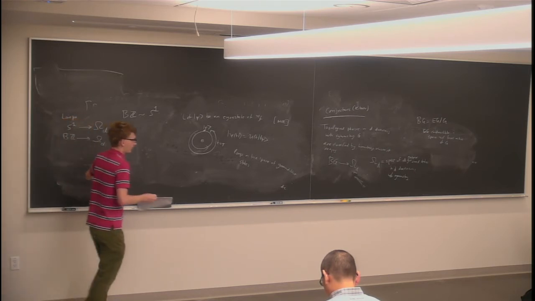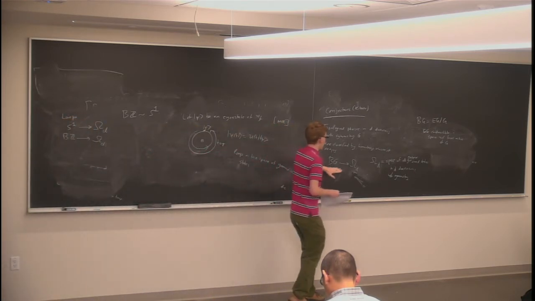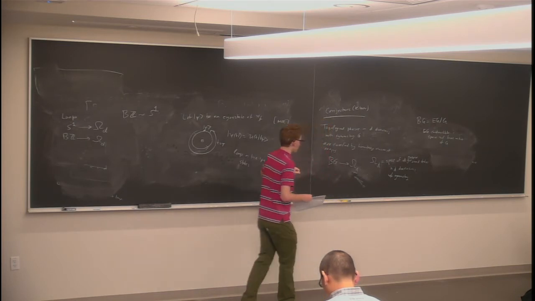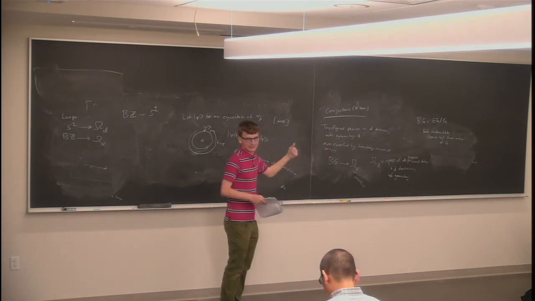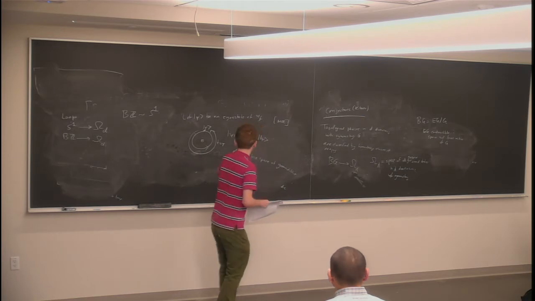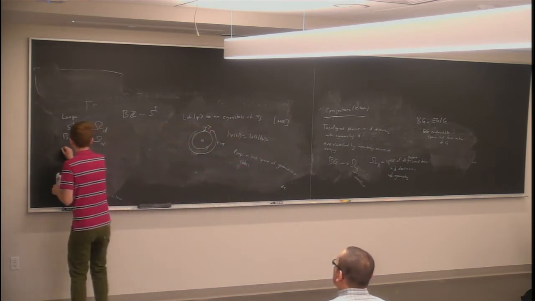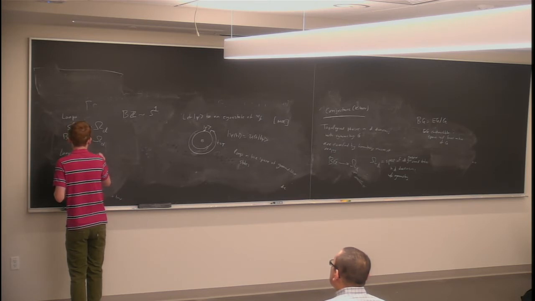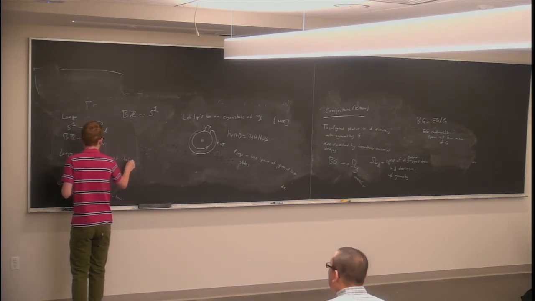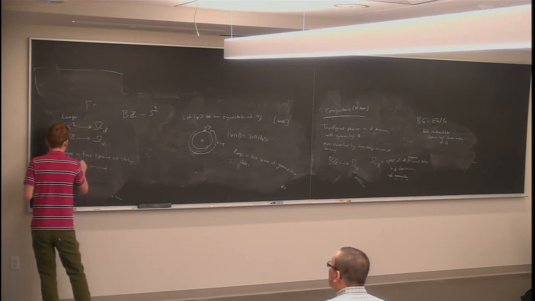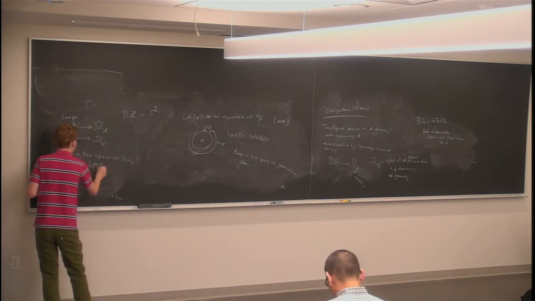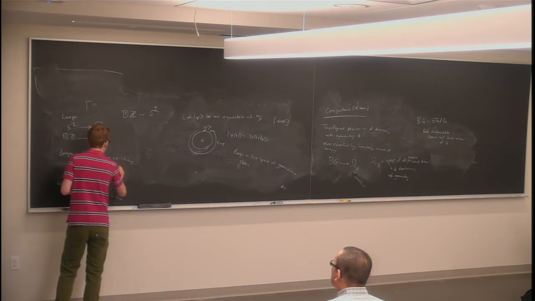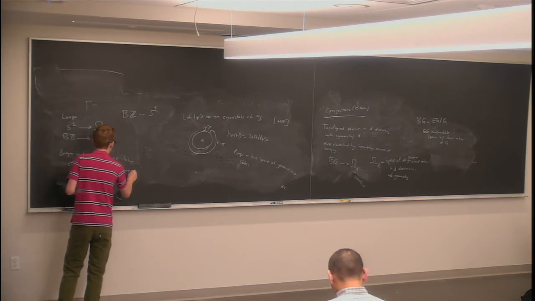Now if we compare with over here, it's saying that a loop in the space of states is the same as adding an extra symmetry. A loop in the space of states is the same as an SPT or SET phase with Z symmetry.